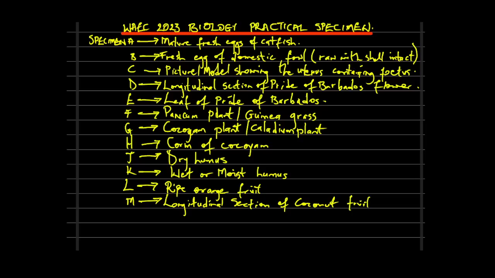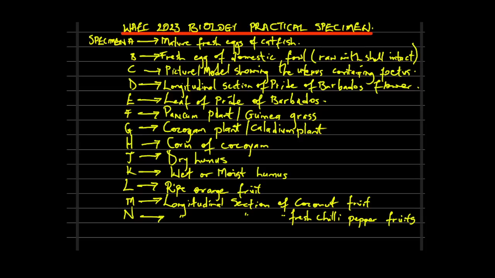And specimen N, which is going to be our last specimen for this particular practical, is going to be the longitudinal section of fresh chili pepper fruits. So these are the specimens that we will be having for our practical.